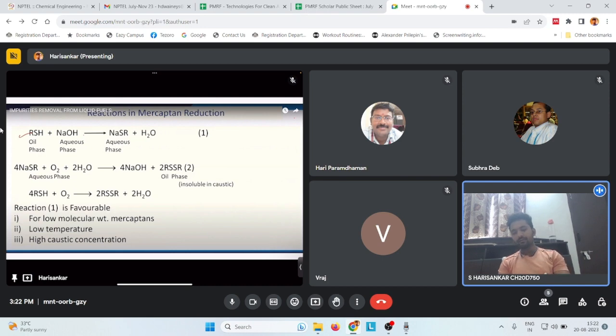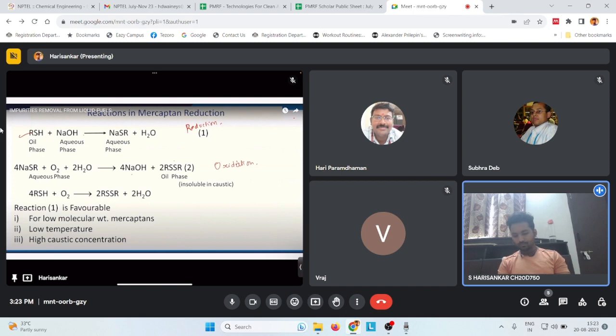There is a reduction reaction first. The RSH or the mercaptan first reacts with sodium hydroxide to form sodium mercaptide and water. And then this sodium mercaptide is oxidized. So the second step is oxidation, where it is oxidized in the presence of oxygen and water to form sodium hydroxide and disulfide.